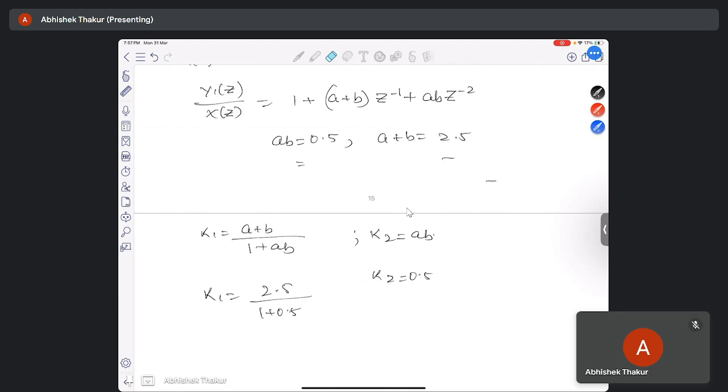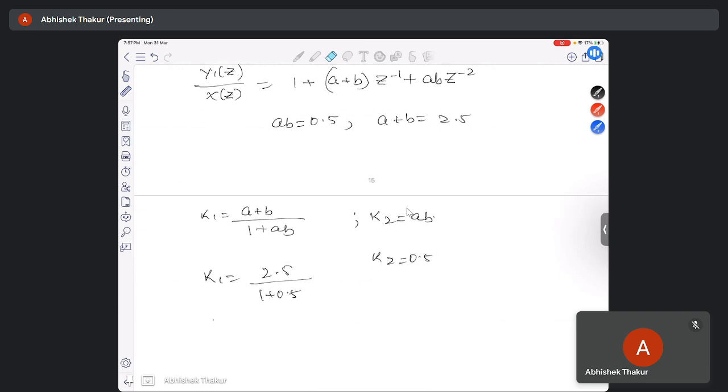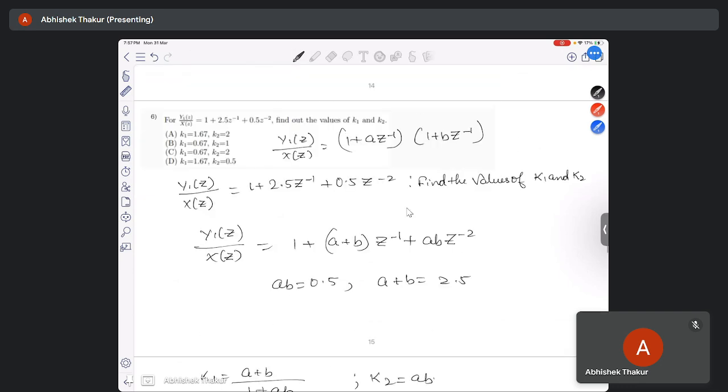I thought it is required, it's not required, because directly it is in the form of a plus b or ab. So the value of k1 is equal to 2.5 by 1.5. So that will be 5 by 3, 1.66, and k2 is equal to 0.5. So k1 is equal to 1.67 and k2 is equal to 0.5. So option B is the correct answer.